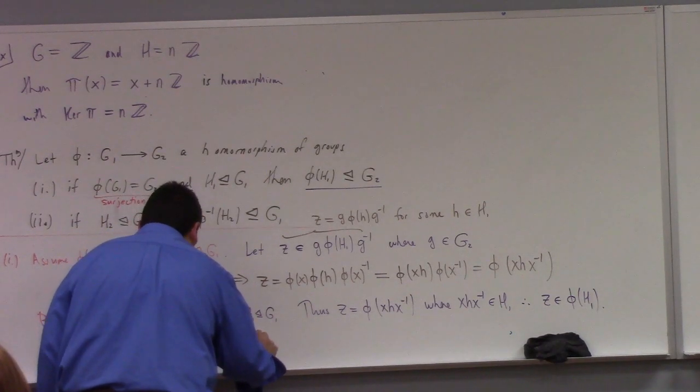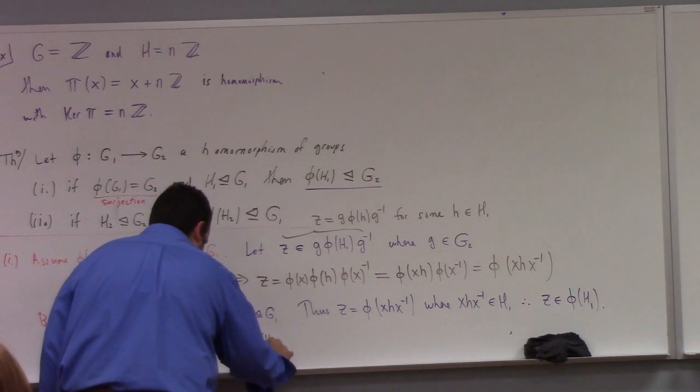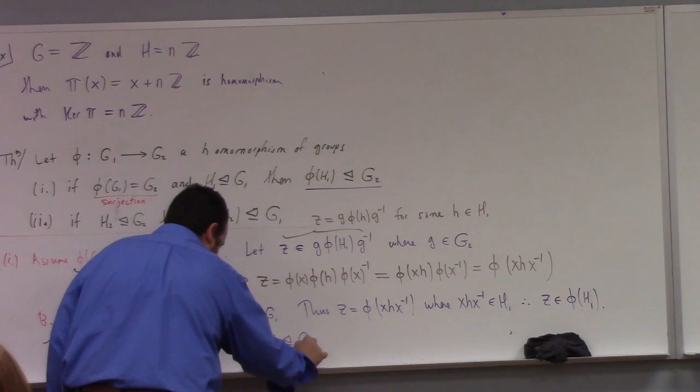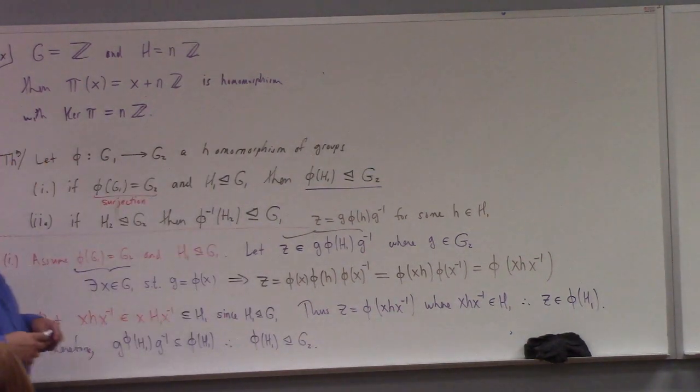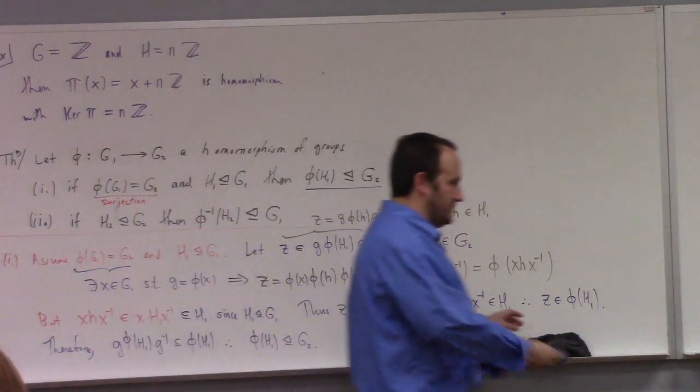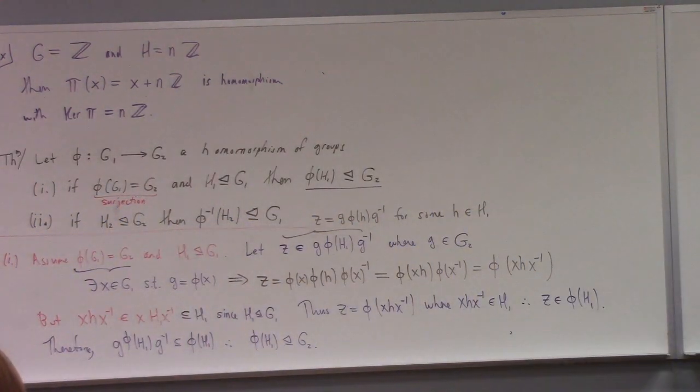Therefore, phi of h1 is a normal subgroup of G2. And you can see why the surjectivity of the homomorphism was necessary, right? Otherwise, I wouldn't be able to make that link with the conjugation in the domain. All right?